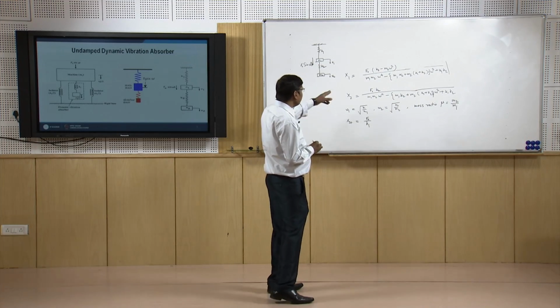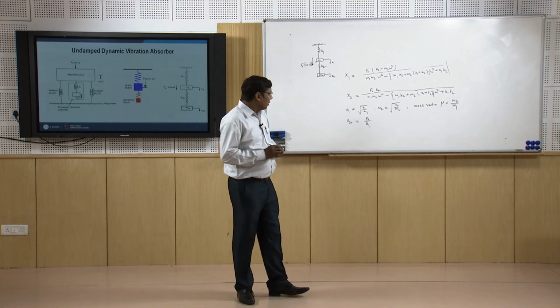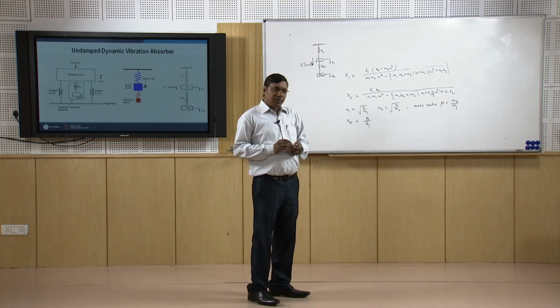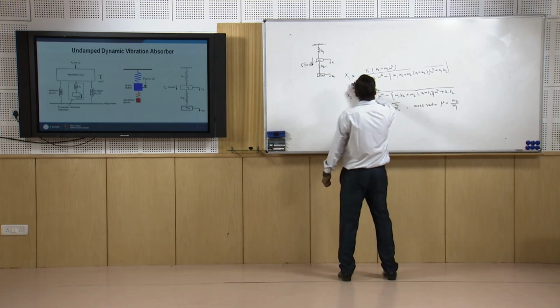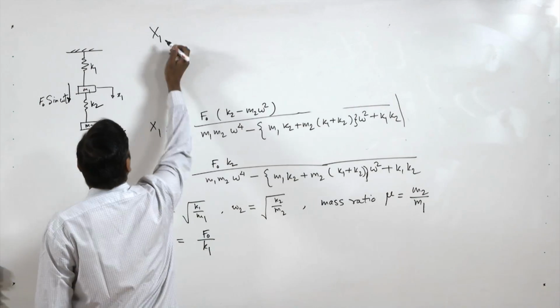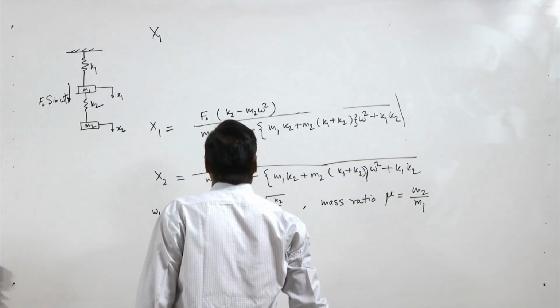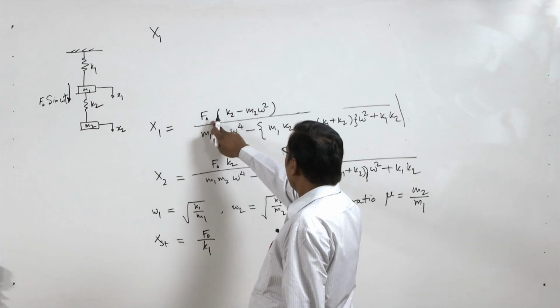Now we can rewrite these x1 and x2 in terms of these parameters. So we can write x1 here, and we can take k2 outside.